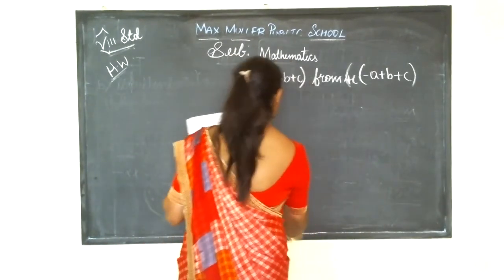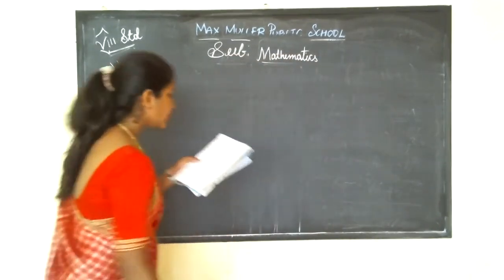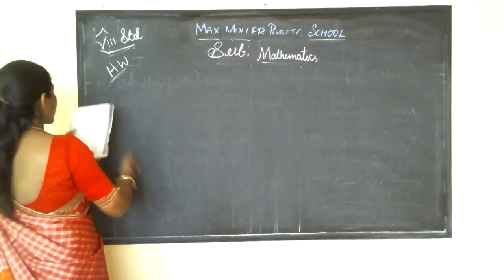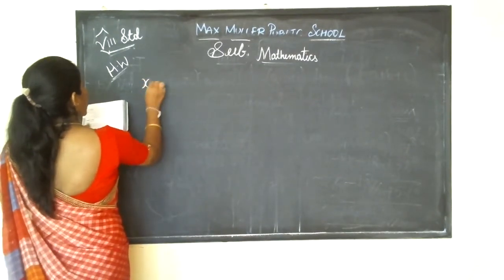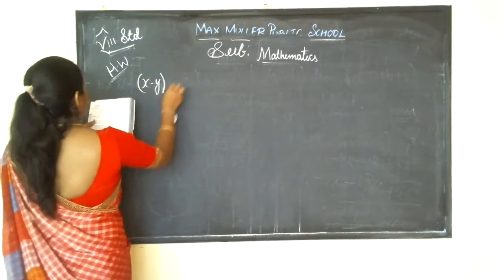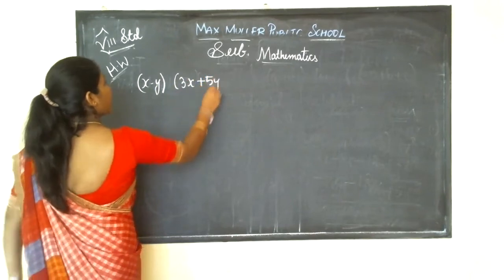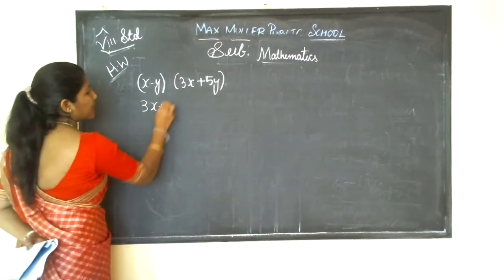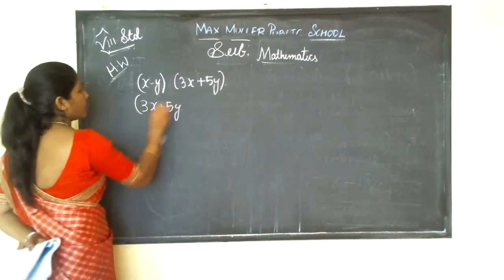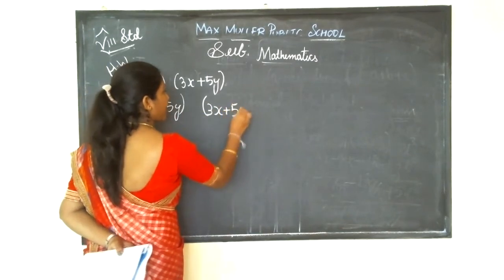By solving more problems, you will understand better, okay? Let me solve a few more problems based on this same concept. That is x minus y into 3x plus 5y. So here also two terms, 3x plus 5y.